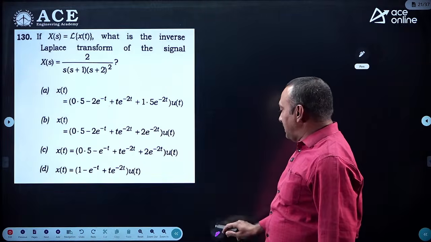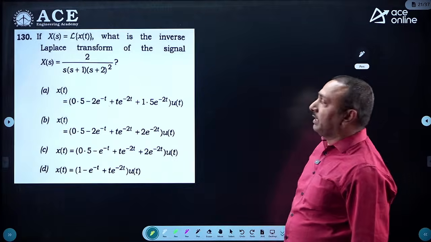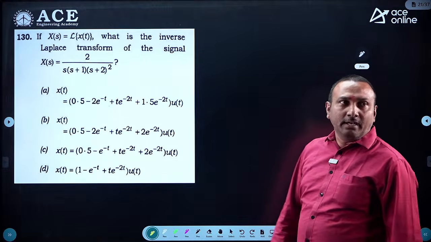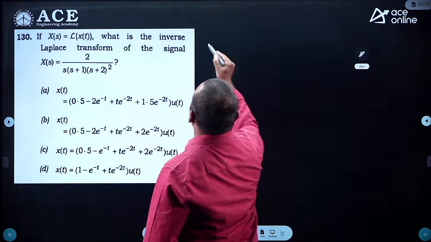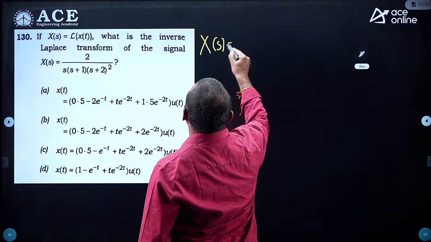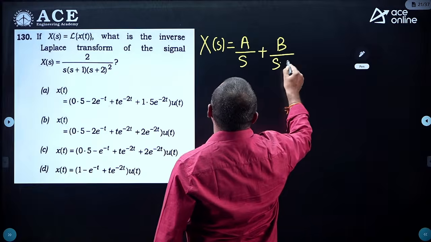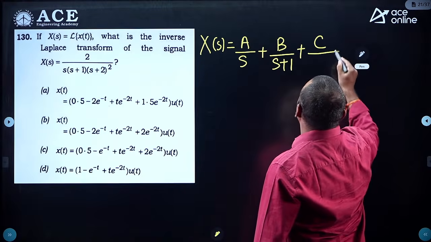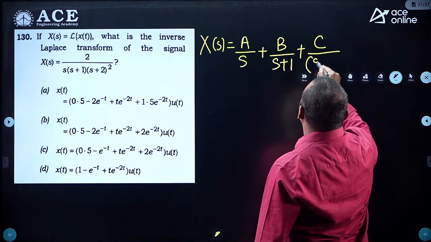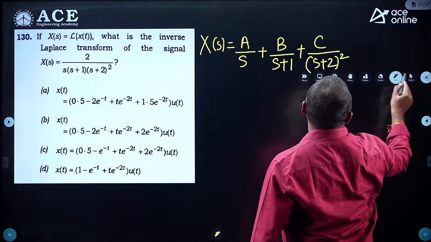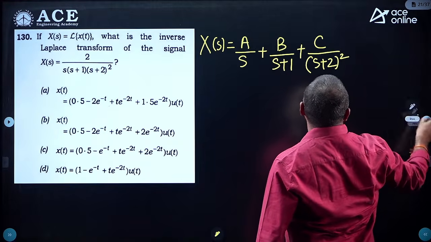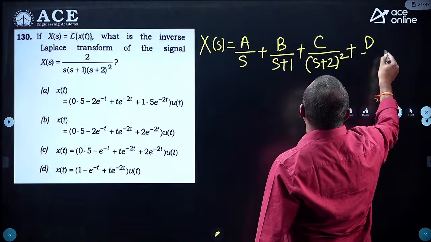This is the given Laplace expression. We have to find out the time domain signal. Generally, our habituated approach is what? A by s, B by s plus 1, C by s plus 2 whole square, D by s plus 2.